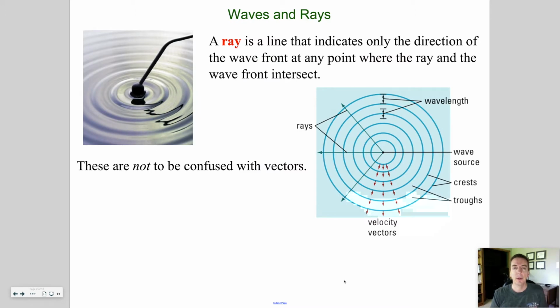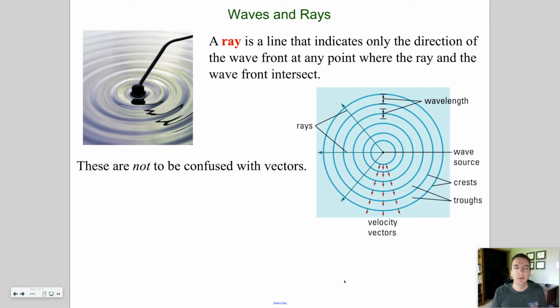Okay, so here's an example of a water wave. We've got something bobbing up and down on the surface of water, and it's disturbing the surface, and you see familiar ripples or waves moving across the water. And a new term called a ray. It's not a term, I guess, it's just an arrow. We draw arrows in physics.